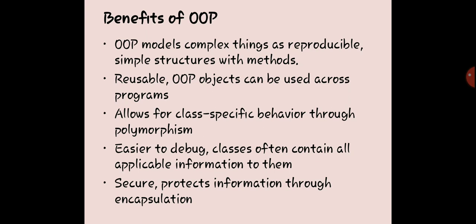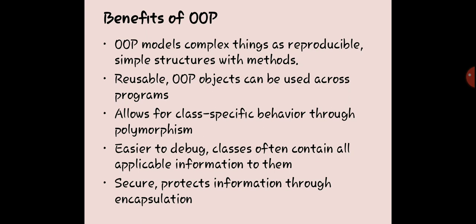So here we see the benefits of OOP. Object-oriented programming creates reproducible structures. Reproducible in the sense that, when you write programming in Java, you can easily understand reproducible coding. Inside a class we can create methods and the related attributes of the class.